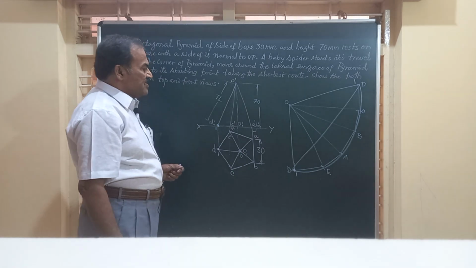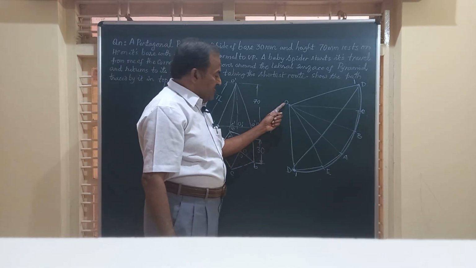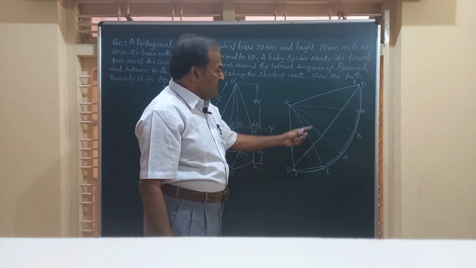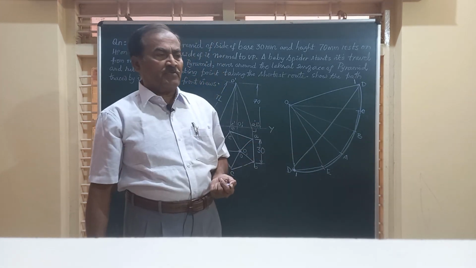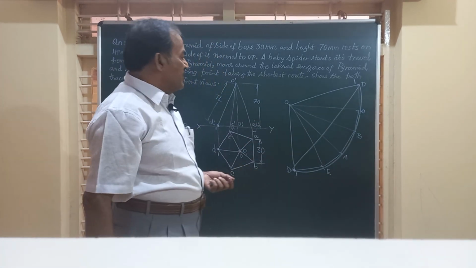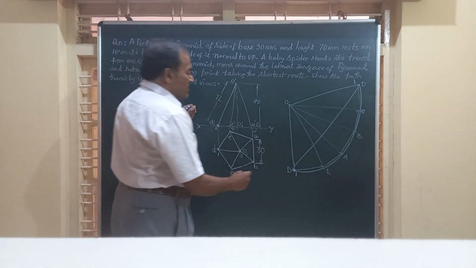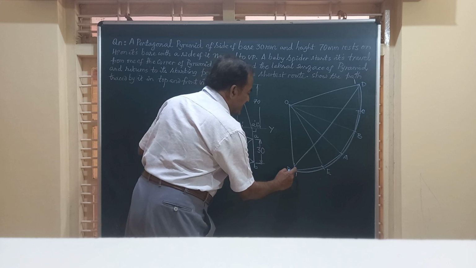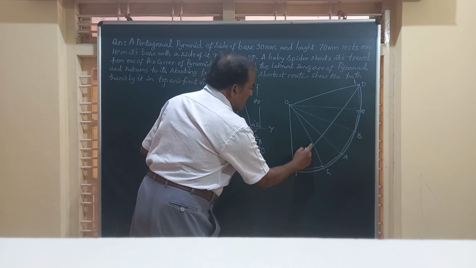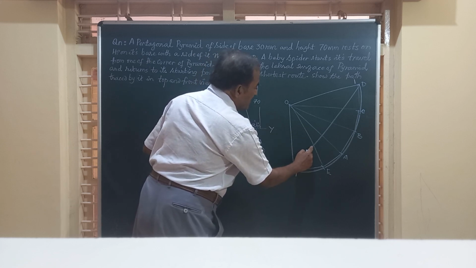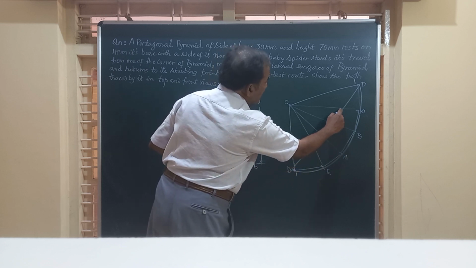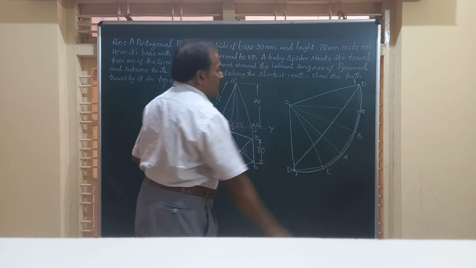Now, friends, all these edges, OD, OE, OA, all these five slant edges of the pyramid are true in length. And now the spider is moving from this point D, goes on to this OE, then to A, then to B, B to E, then comes back to this point.